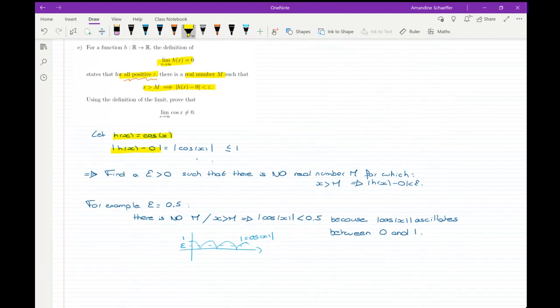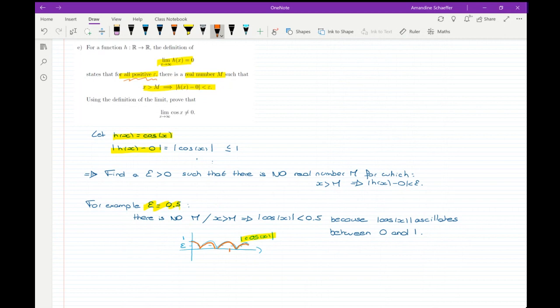The idea is to find at least one epsilon such that there is no real number m for which, whenever x is greater than m, the absolute value of cos x is less than epsilon. The absolute value of cos x is going to oscillate basically forever, doing this kind of thing. Sorry, that looks awful, but like forever.